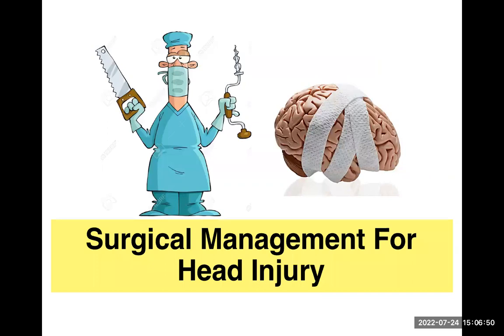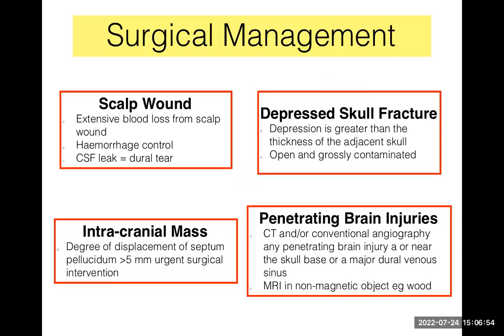How about the surgical management for head injury? Surgical management is indicated in a scalp wound with excessive blood loss, where we must put hemorrhage control, and where we suspect a CSF leak due to dural tear. This requires surgical management. Also depressed skull fracture, if the depression is greater than the thickness of the adjacent skull, or if the depressed skull fracture is open and grossly contaminated, surgical management is definitely needed.